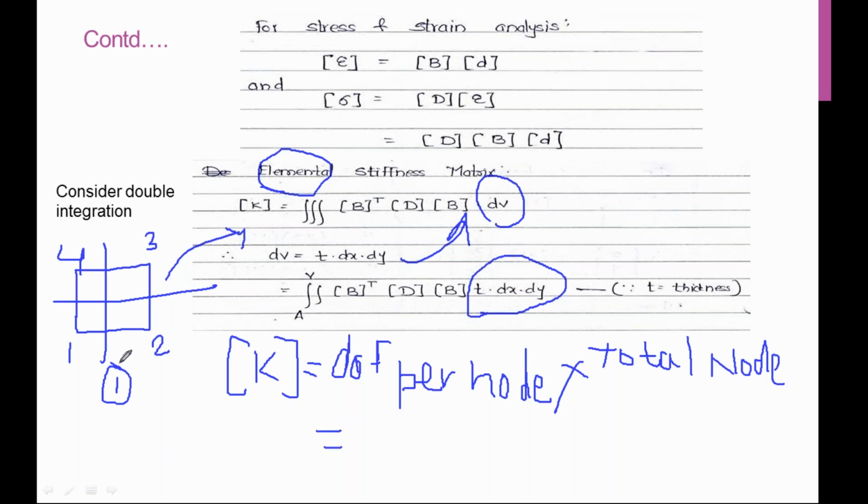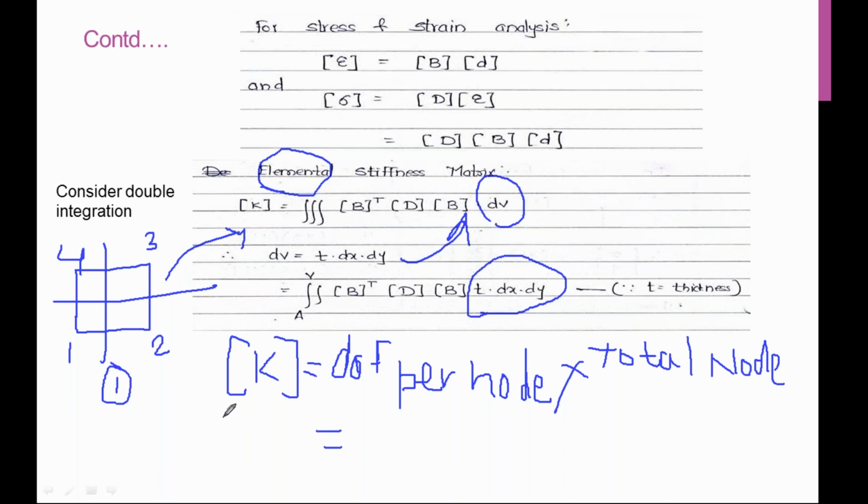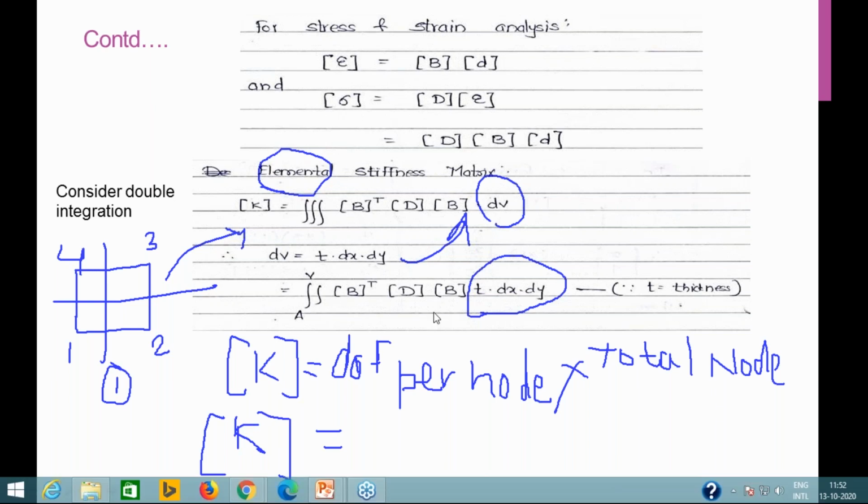Okay, then tell me, suppose this one is your first element, then what is the size of the stiffness matrix for the first element? I got an answer from Sanket. Let me check. Degree of freedom per node. No, Sanket, your answer is wrong.